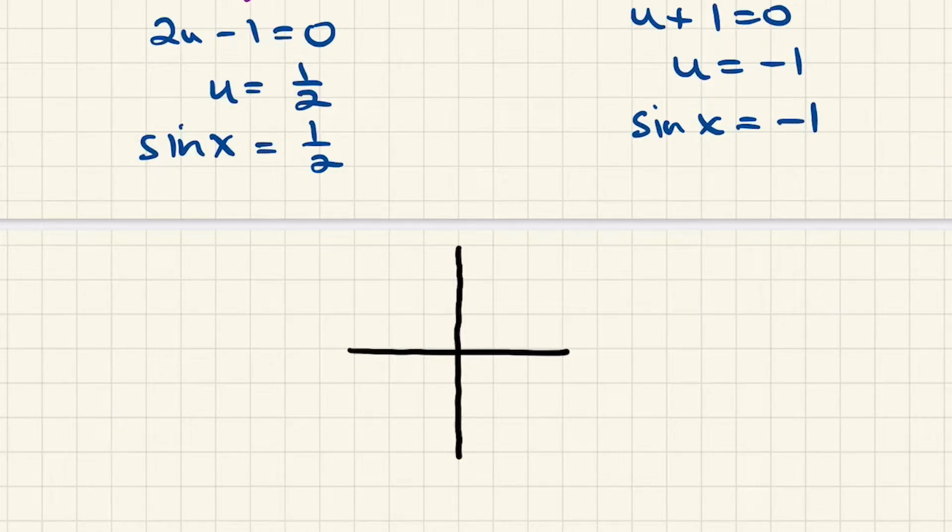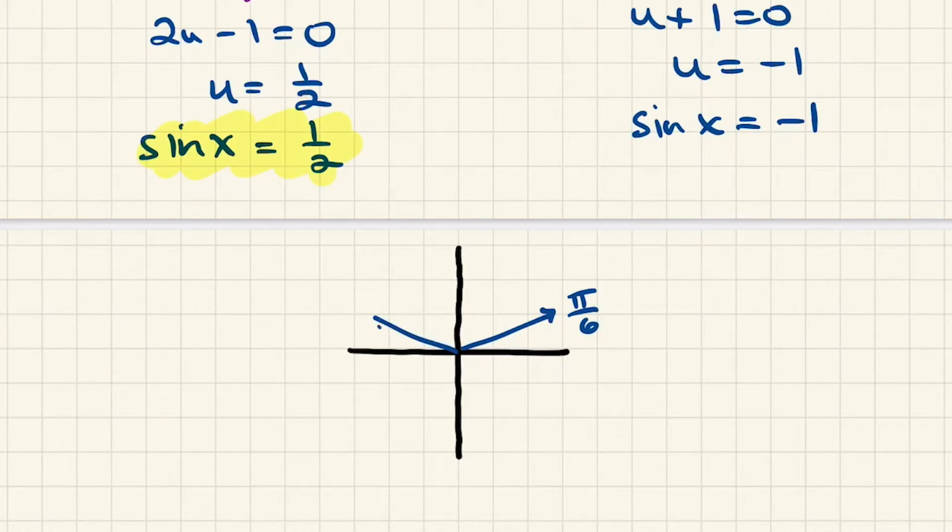Okay, so let's take a look at that first one. Sine of x is equal to 1/2. Well, 1/2 is positive, so we're expecting an angle in the first quadrant and the second quadrant, because those are the quadrants where sine is positive. And we know that pi over 6 is a solution here.